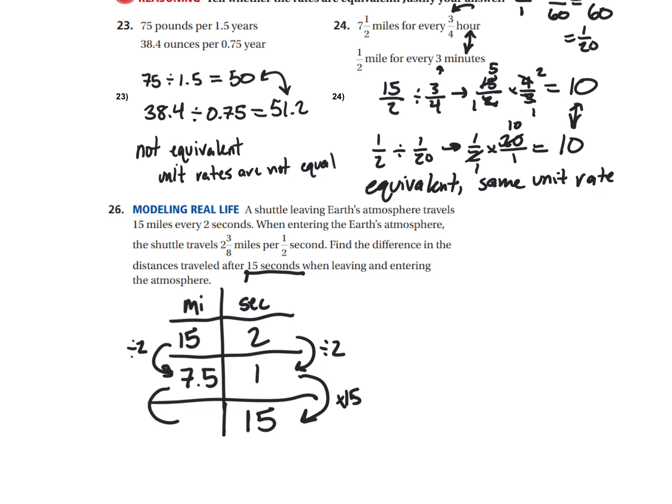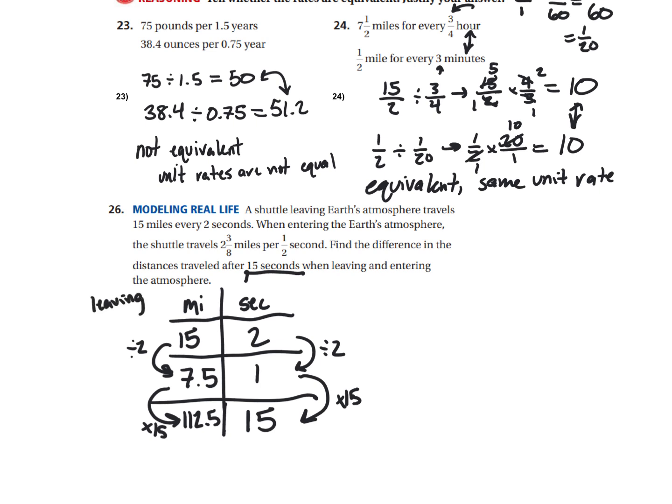So I can just multiply 7.5 times 15. 7.5 times 15 is going to get me 112.5. So this is 112.5 miles in 15 seconds. So that's for leaving.